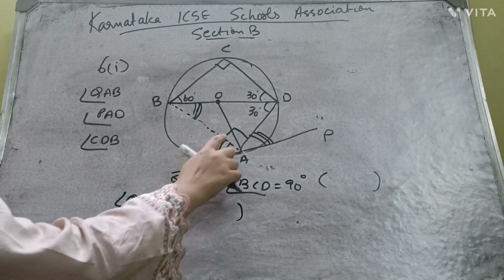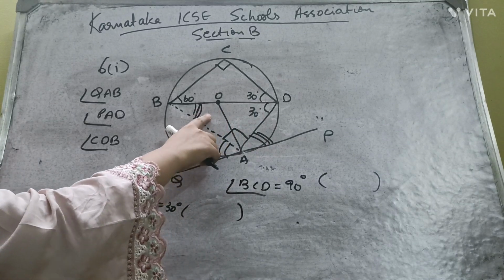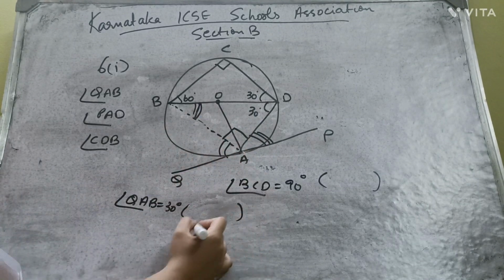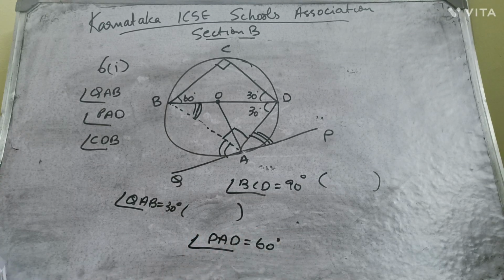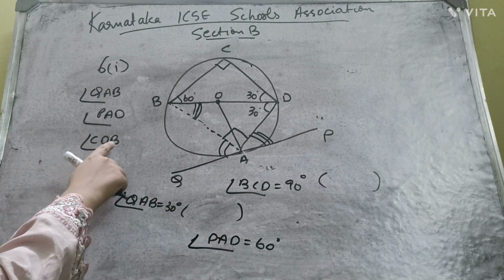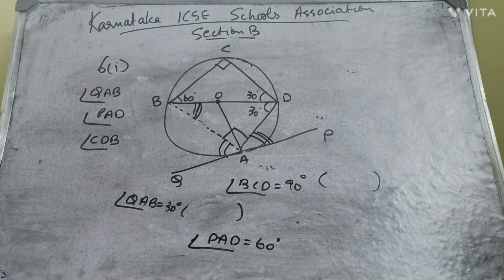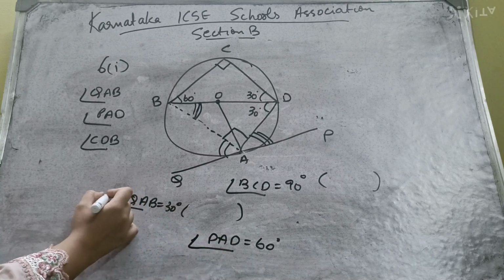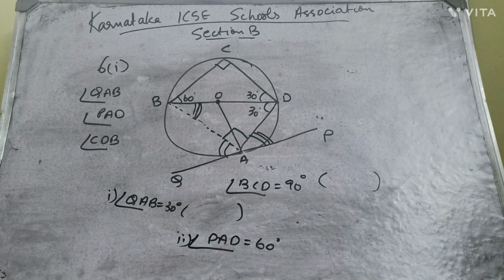BD is a diameter, so this angle is again going to be 90. So 90 plus 30 plus this will be 180, so we'll get this as 60 degrees. So angle PAD will be 60 degrees. Then we need to find CDB, which we already found in the beginning. Whenever you are writing the answers, mention the sub question number.